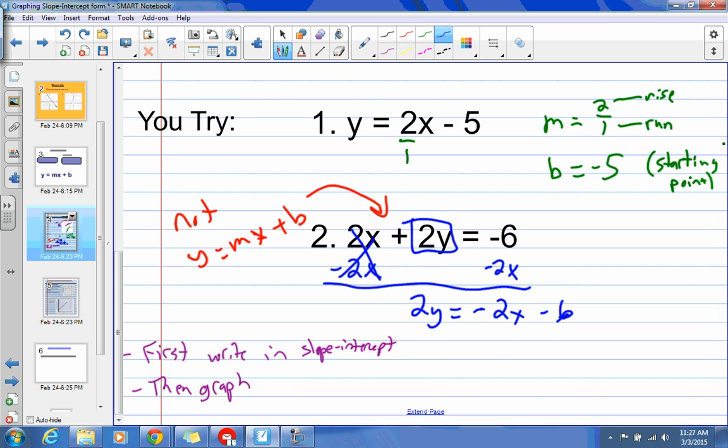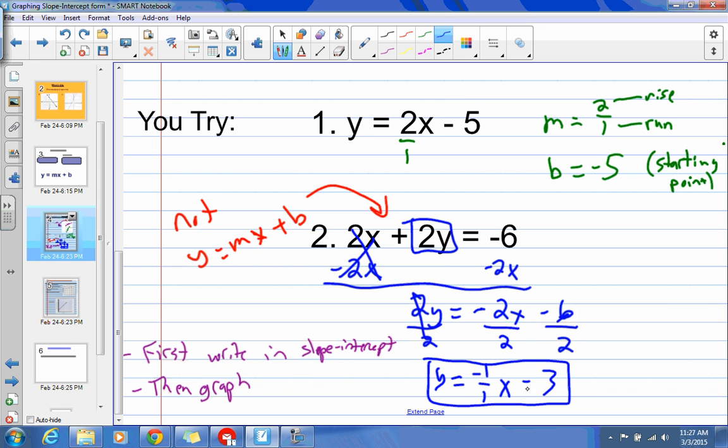And then lastly, divide by 2. You have to do that to all the parts. So you'd have y equals negative 1 over 1 x minus 3. Then you can graph that. Start at negative 3 and go minus 1 over 1.